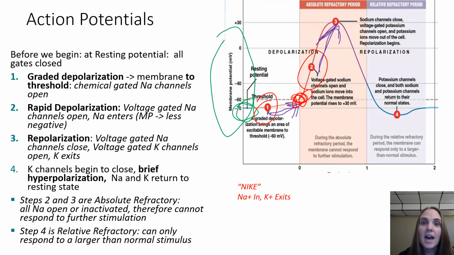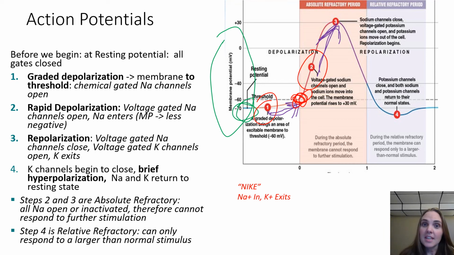We're going to get an even less negative value. Sorry about that. Those sodium channels open up, and we get that massive depolarization from the influx of sodium into the cell.